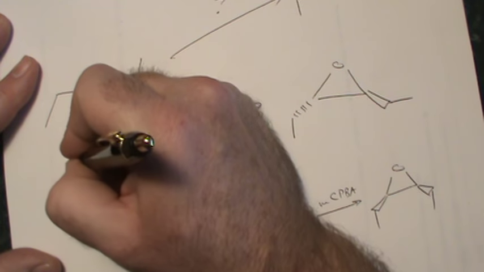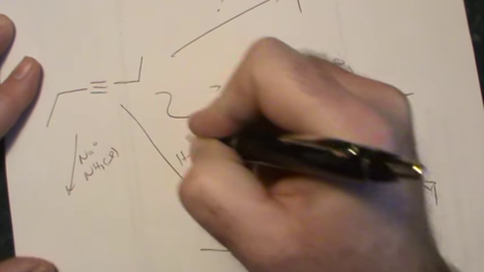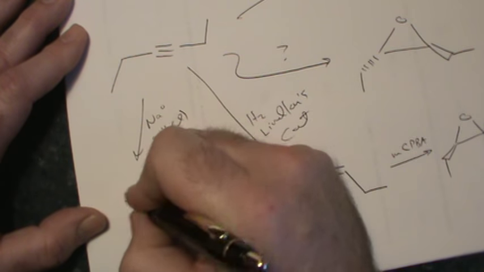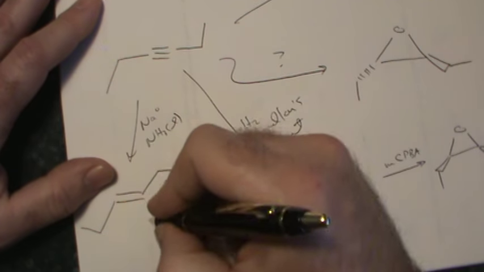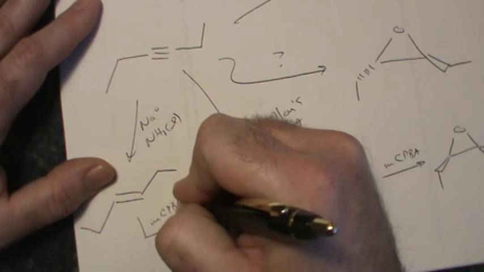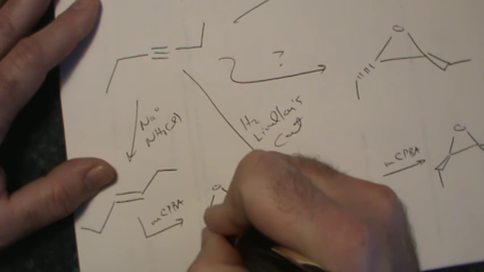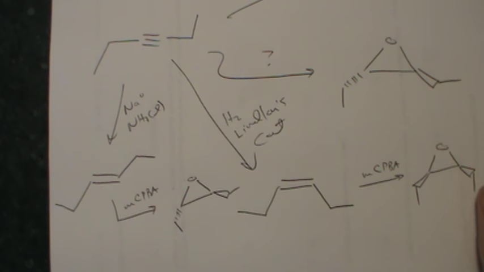Conversely, if I treat my alkyne with sodium and liquid ammonia, then what I'm going to do is produce the trans alkene, which in turn can be treated with MCPBA in order to produce the trans epoxide or trans oxirane.